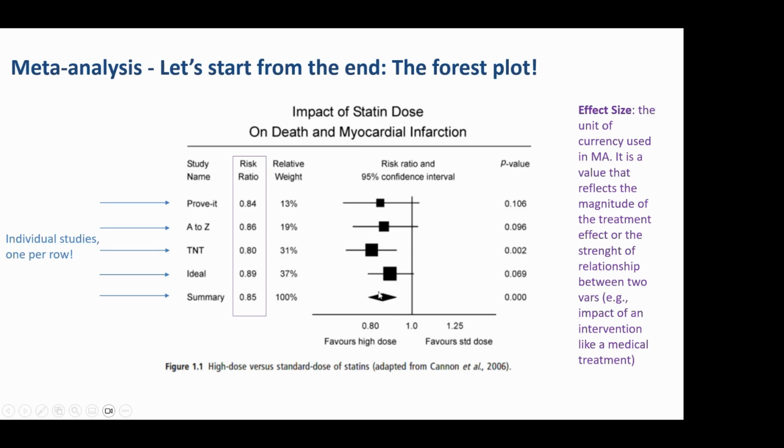So what we take from this is that because we have this shape which is entirely on one side of the graph, not crossing the no effect line, which is 1, what do you think this means?